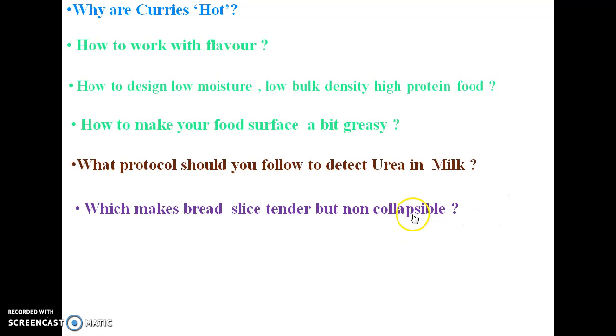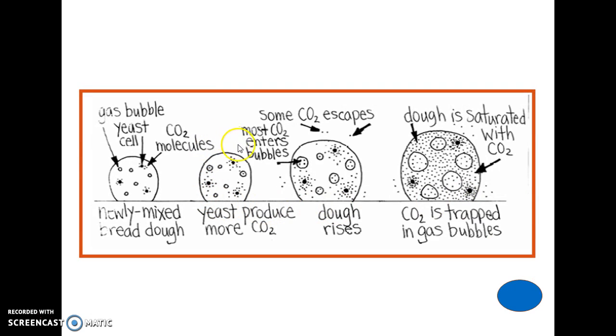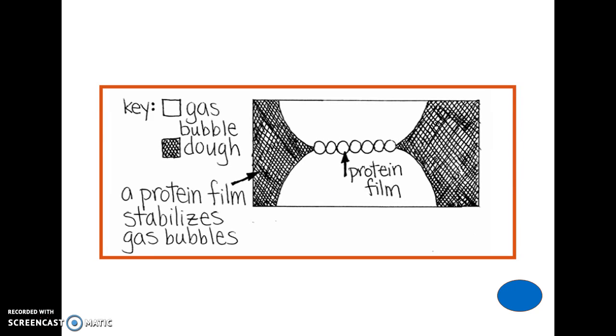Which makes bread slices tender but not collapsible? You have bread slices, with lots of small hollow cubes. So there is again the chemistry, protein chemistry, fat as well as water, how carbon dioxide will be produced by fermentation by microorganisms, and how it will escape, leaving behind lots of pores inside, and how the rigidity and the texture will be maintained depending on the lipids, the proteins, the amount of gases formed, and the strength of the dough.